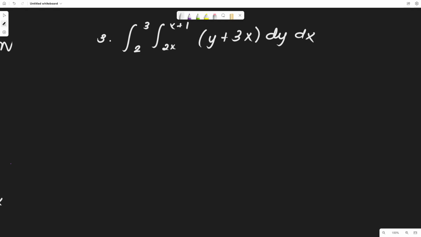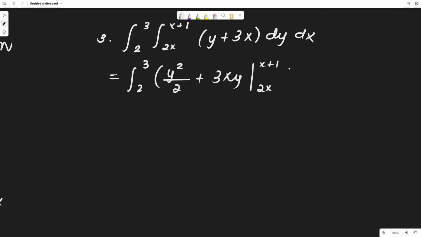Yan. So, we have here the integral from 2 to 3 of the integral from x to x plus 1 of y plus 3x dy dx. Okay, so game. Okay, pwede na natin to i-straight up integrate, no? So, we have from 2 to 3 ng y squared over 2 plus 3xy. Okay, integrated from 2x to x plus 1 dx.